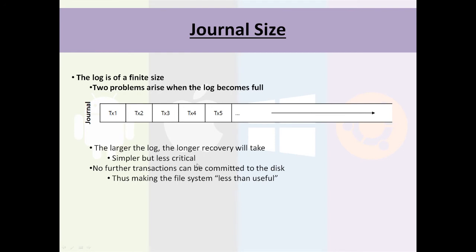Firstly, the larger the log, the longer the recovery will take, as you have to replay multiple transactions. That's a little bit simpler, but less critical of a problem. The issue is that no further transactions can be committed to the disk. So until these transactions are processed, you can't actually make any changes, and that's obviously less than useful.